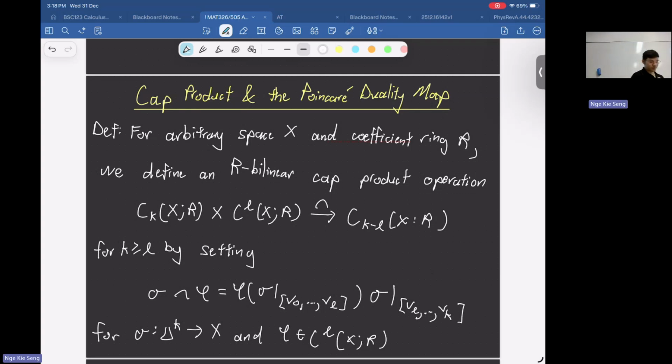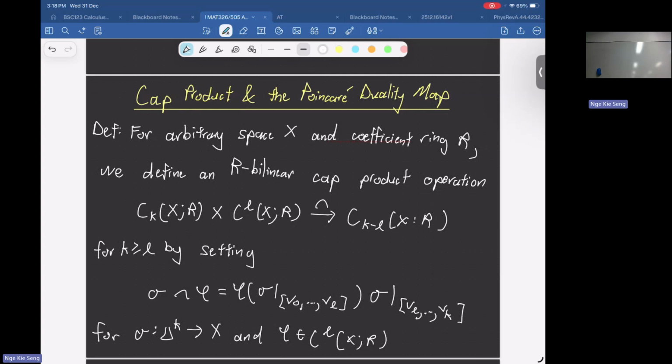So basically, how do we prove this? What's the definition here? This definition is very cute actually. You let the cochain act on the chain. But maybe because your cochain is of smaller degree than your chain, you can only act on the first few of them.